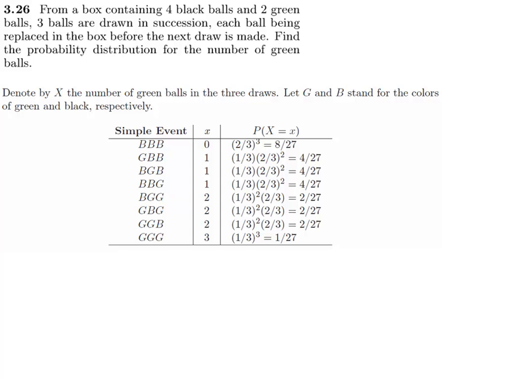Okay, so we have 4 and 2, right? So that's a total of 6. And we have 4 blacks. So that means that the probability of getting a black is 4 over 6, which equals 2 over 3.